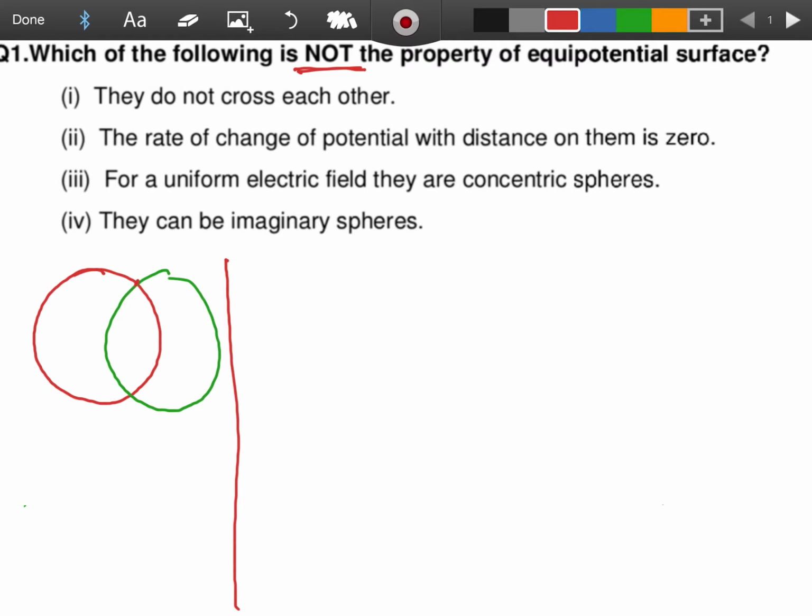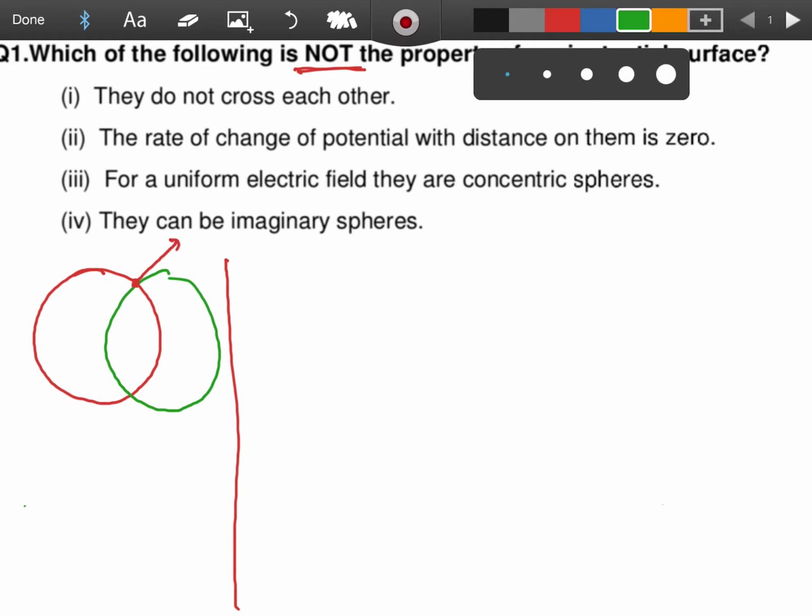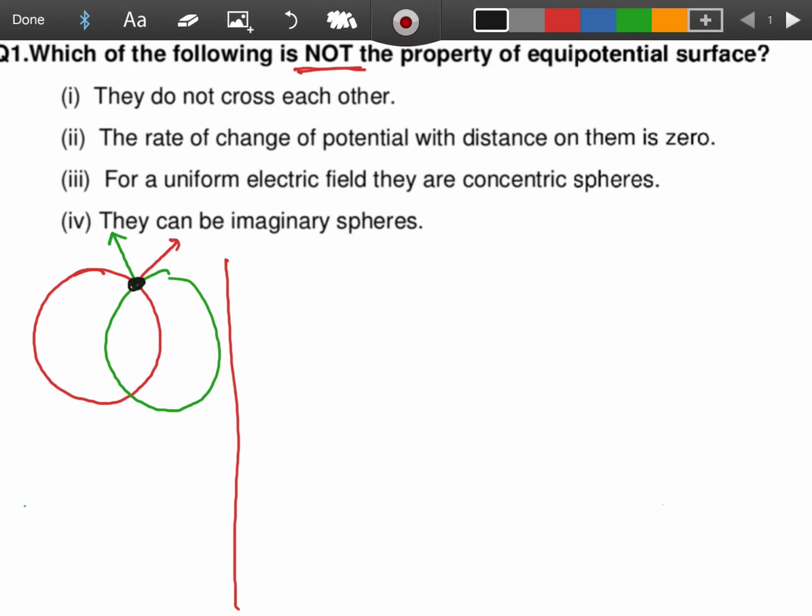Now at this point the electric field direction is like this. This is the electric field for the first equipotential surface. For the second equipotential surface, the electric field is like this. So at a single point, we are having two directions of electric field.